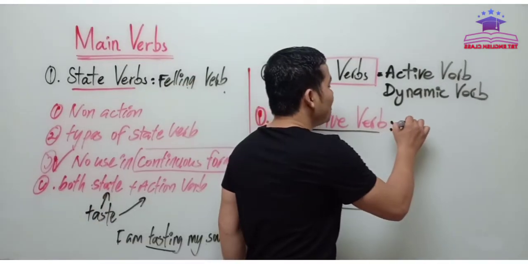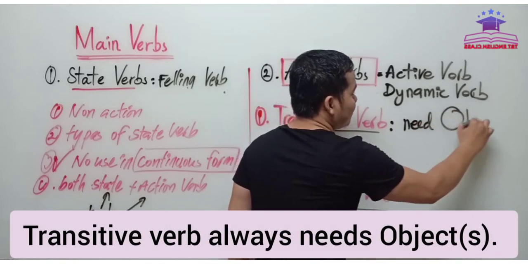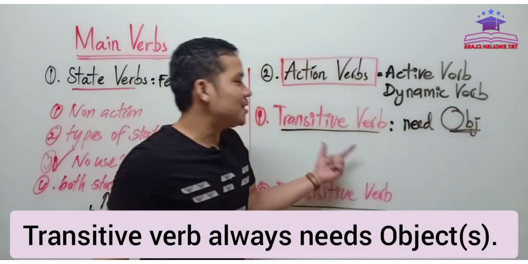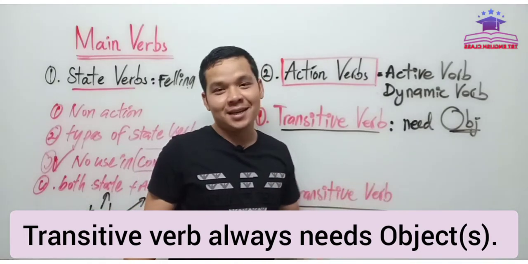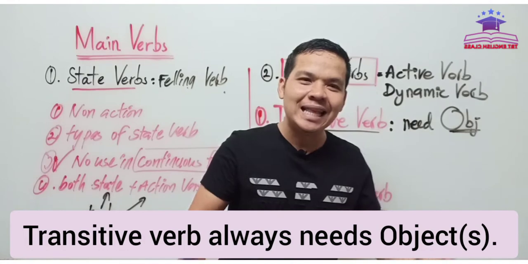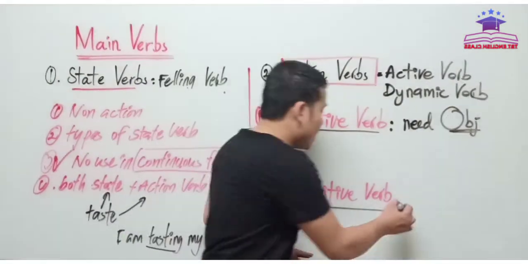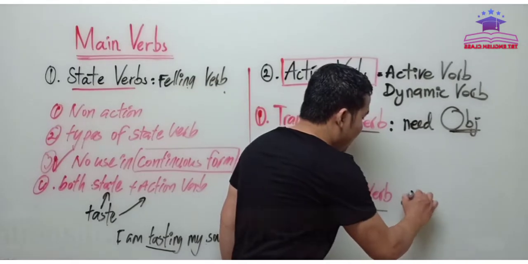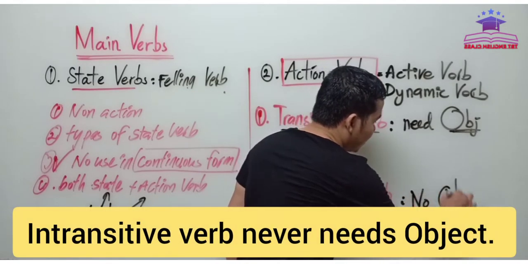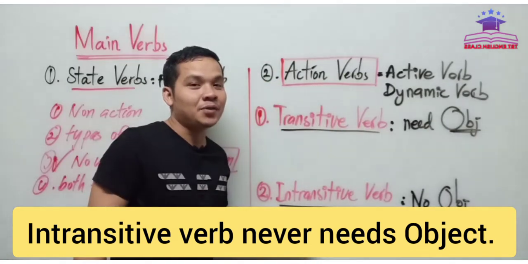Transitive verb is the verb that needs an object in the sentence to tell information about the verb. What does the verb need? And what is intransitive verb? Intransitive verb is a verb that needs no object. We don't need an object with intransitive verb.